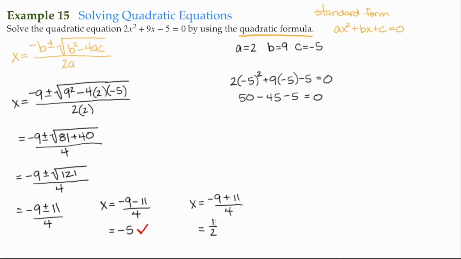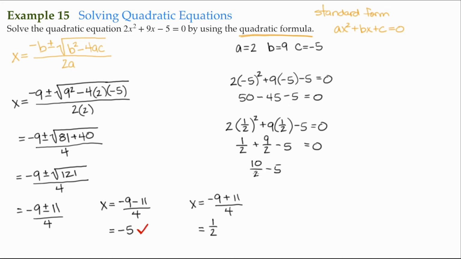We'll now try 1/2. 2x, that's 1/2, squared, plus 9 times x, that's 1/2, minus 5, does that equal 0? 1/2 squared, that's 1/4. 2 times 1/4, that's 2/4, and 2/4 is 1/2. 9 times 1/2, that's 9/2, minus 5. 1/2 plus 9/2, that's 10/2, minus 5.